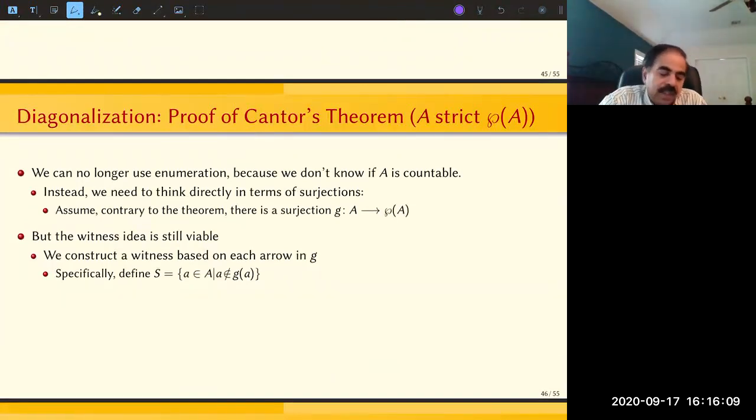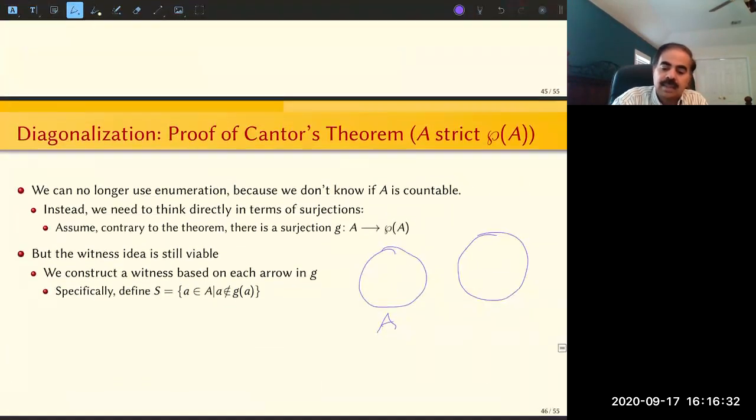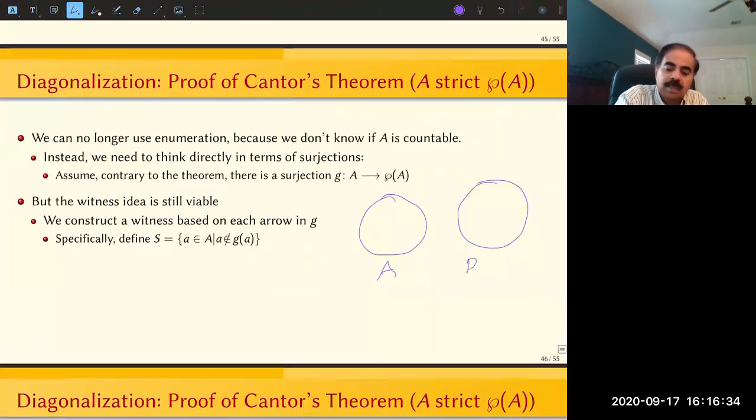So the way we do this is we want to show that there exists no surjection, right? So you are going to claim, here is the surjection, okay? And I'm going to give you an example, right? So again, this is A, and this is the power set of A, okay?